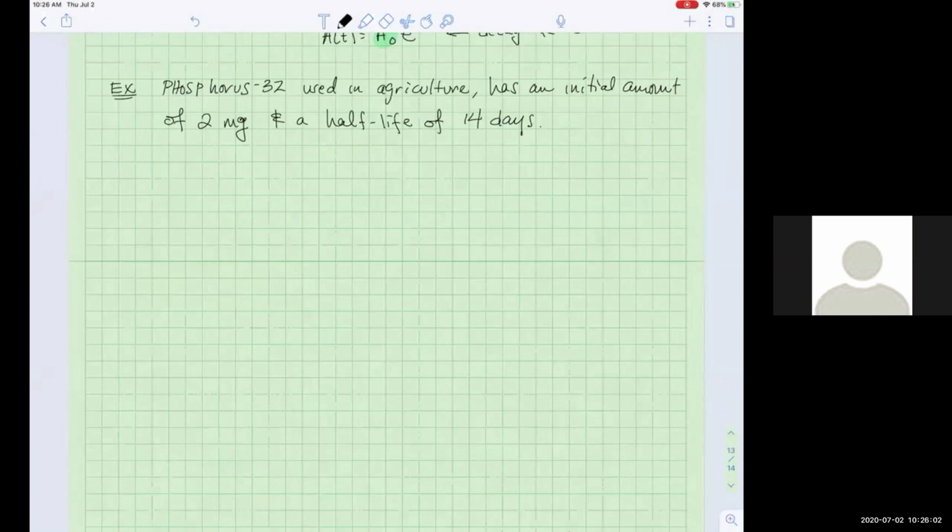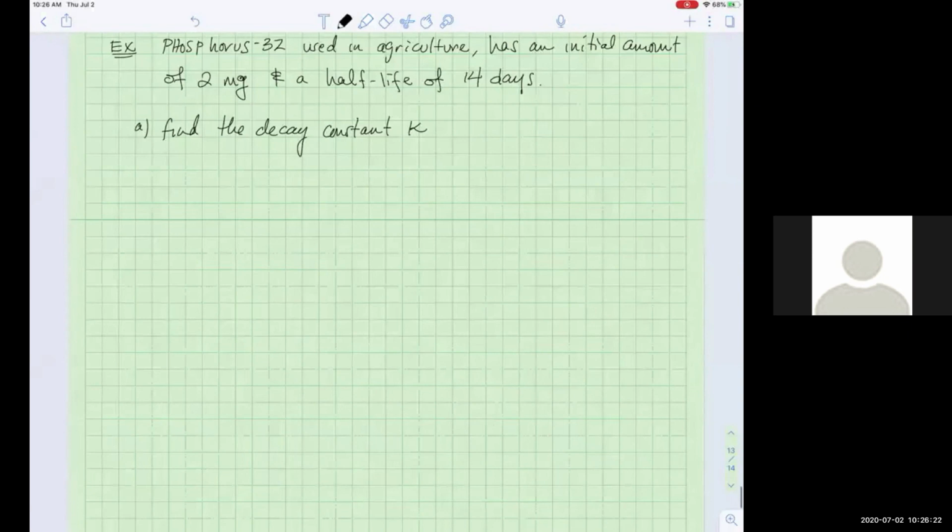A. Find the decay constant K. Round to 4 decimal places. Accurate to 4 decimals.